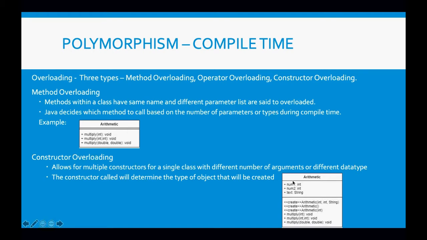So if we've got 3 fields here, we can make our arithmetic create just a simple object without the strings, or create an object that takes in the 3 parameters, or create an object that just takes in the integer and only the integer will be required. We'll create that now for us to see.